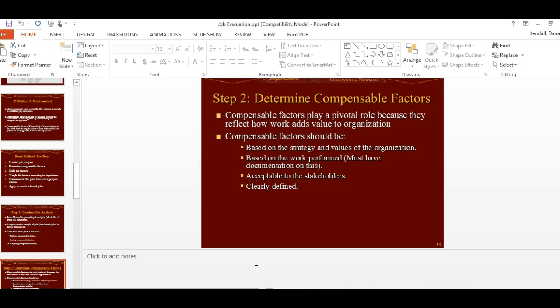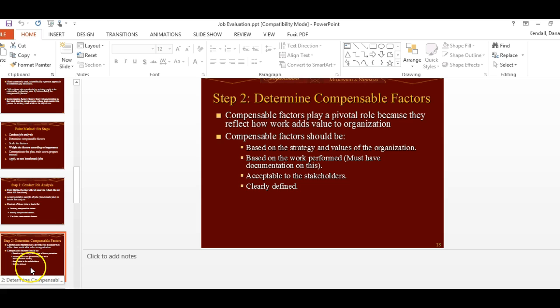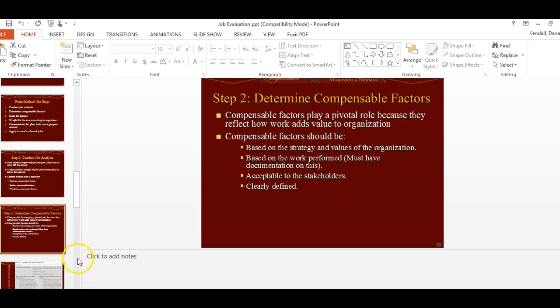Make sure that this is legally defensible, and we want to involve the stakeholders, involve the incumbents in the jobs, and make sure that they are on board and that everything is clearly defined and agreed upon to some extent. Of course, we know from job analysis literature that that is an ongoing and challenging goal.